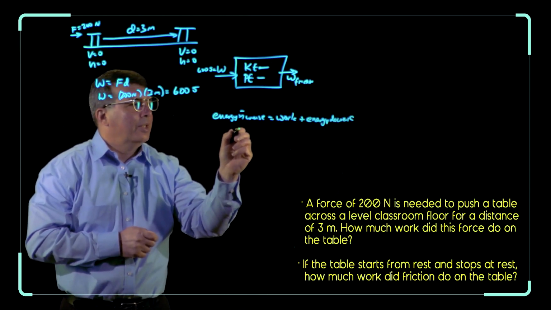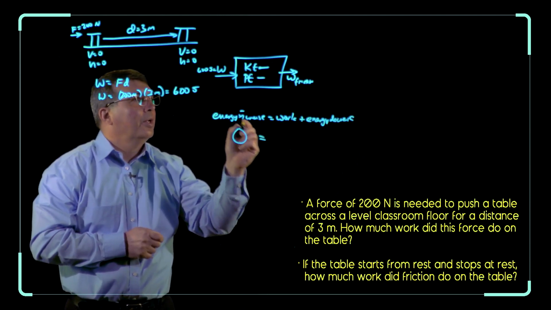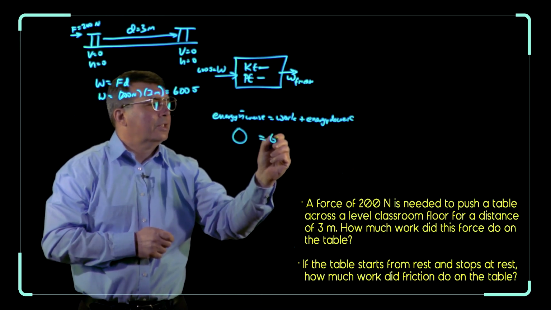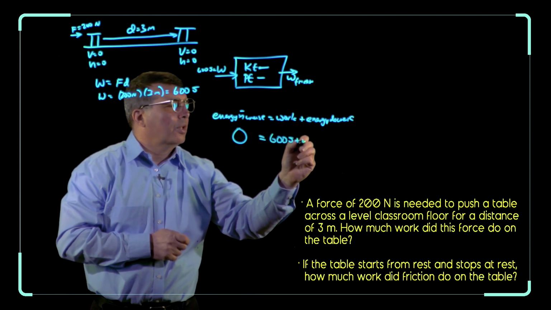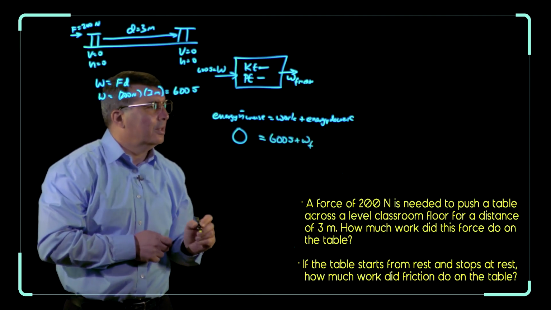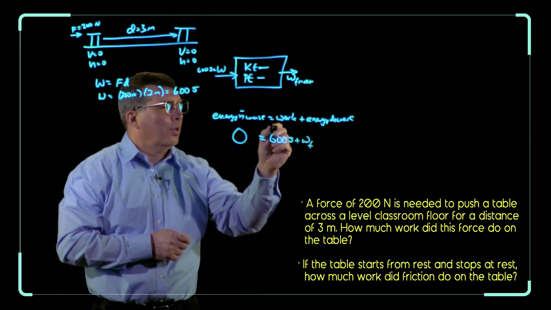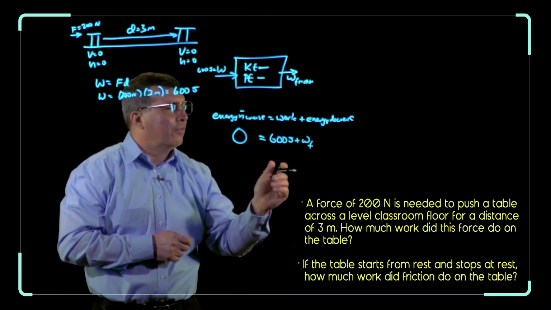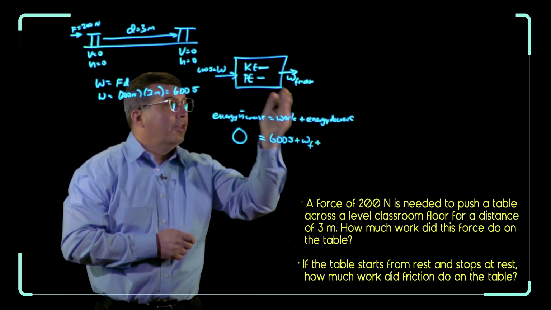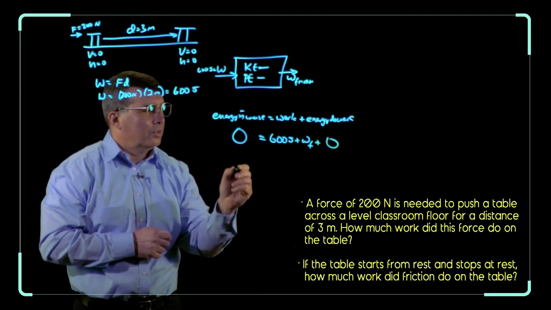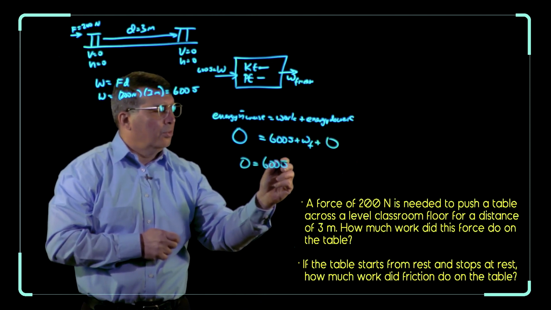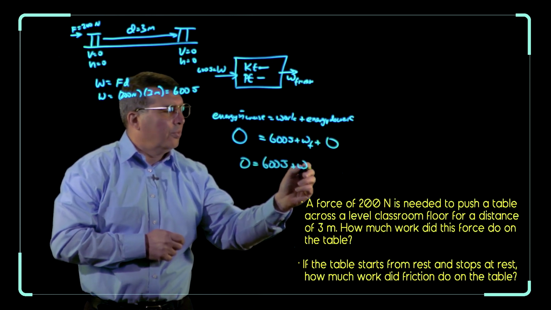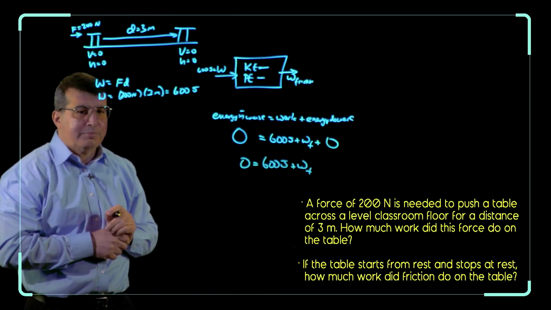Okay, energy increase is 0. Work is our 600 joules plus the work done by friction. So that's the work that was done. Our work and friction's work. Nothing decreased, so 0. So we have 0 is equal to 600 joules plus the work done by friction.